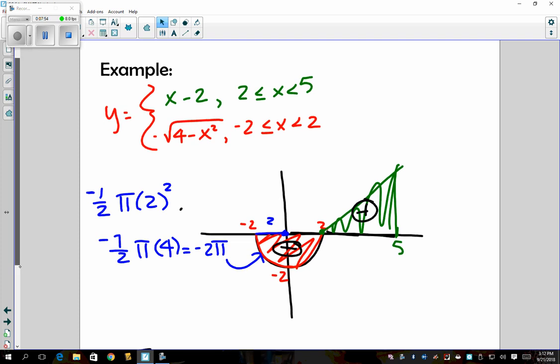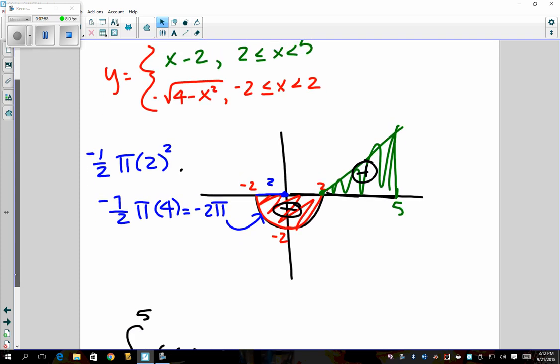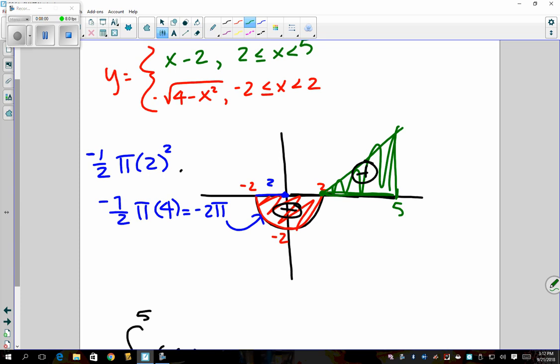Now looking at the area of my triangle, I see that my base from 2 to 5 has a length of 3. And in order to figure out my height, I'm going to have to plug my x value into my function y equals x minus 2.